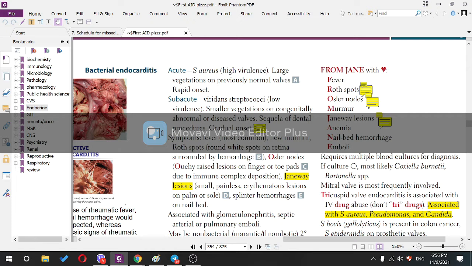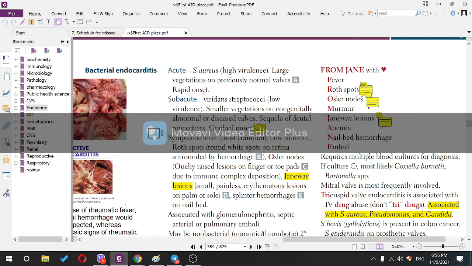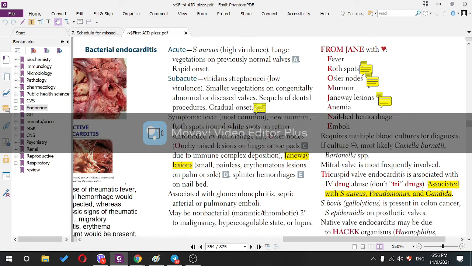Also, in case of bacterial endocarditis, you can get what other form of anemia? It's chronic inflammation, basically. So what do you think? Exactly, anemia of chronic diseases. Excellent. So Osler nodes, this is the splinter hemorrhage, and emboli that can affect many organs, as we said.